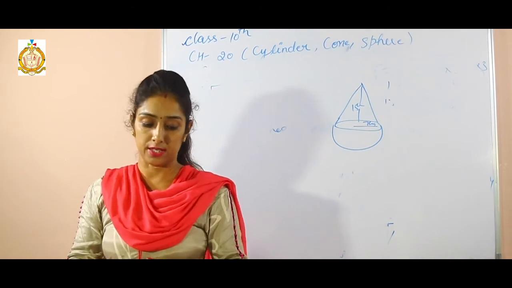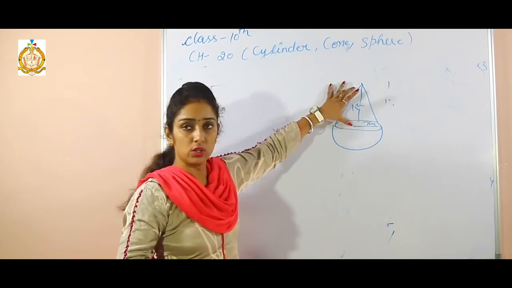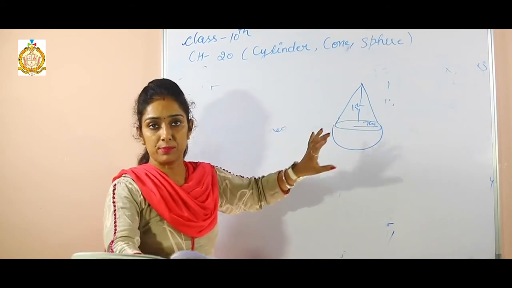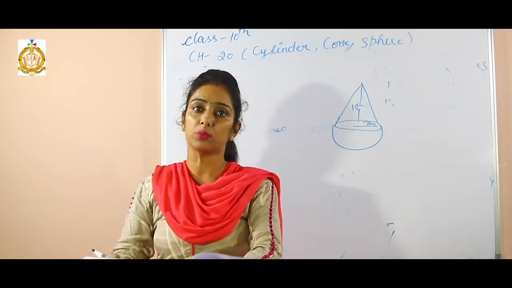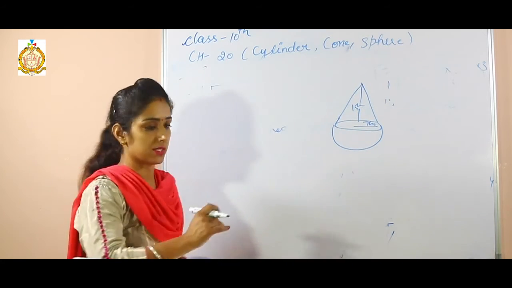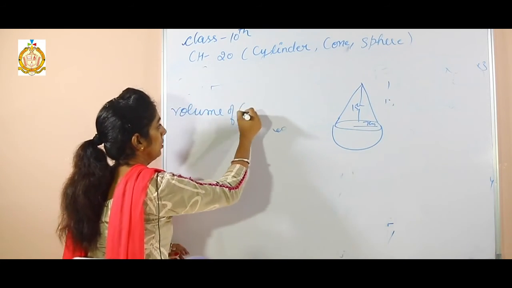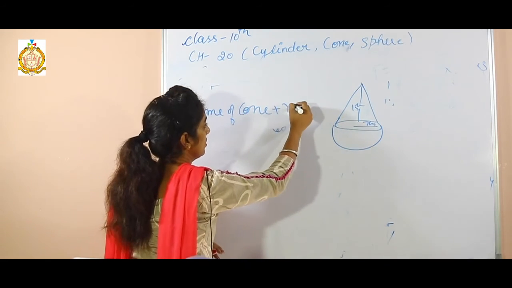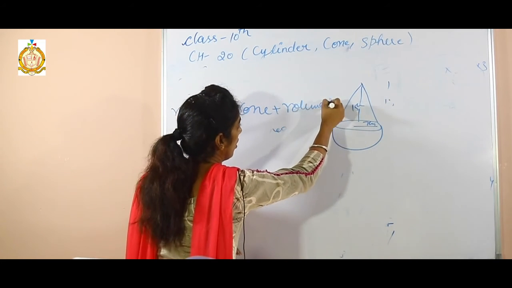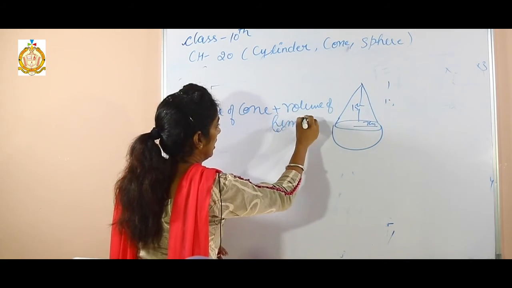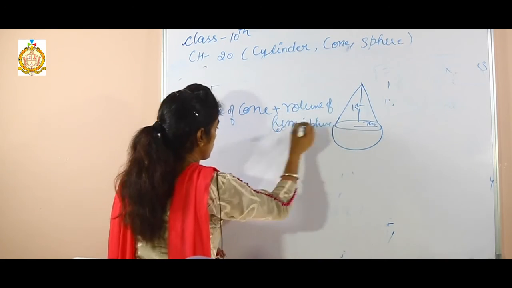See students, here there is one cone and one hemisphere. We have to add the volume of both and we get the answer. Now volume of cone plus volume of hemisphere.